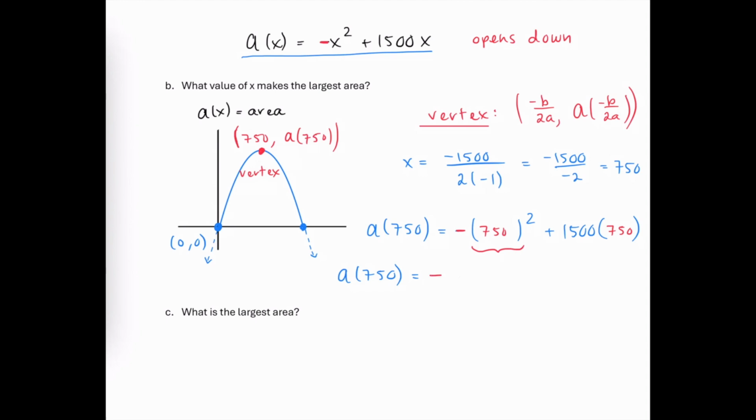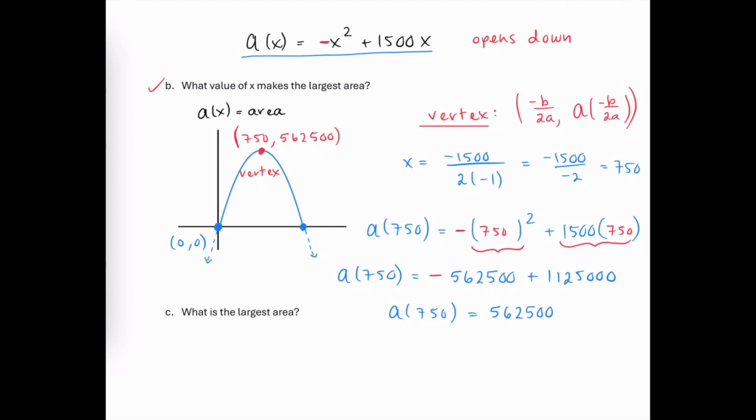The negative is going to stay out on the front, and 750 squared is 562,500, to which we will add 1,500 times 750, which is 1,125,000. And combining these two quantities gives us positive 562,500, which is the y-coordinate of the vertex point.